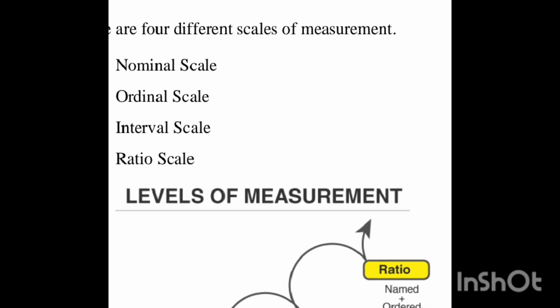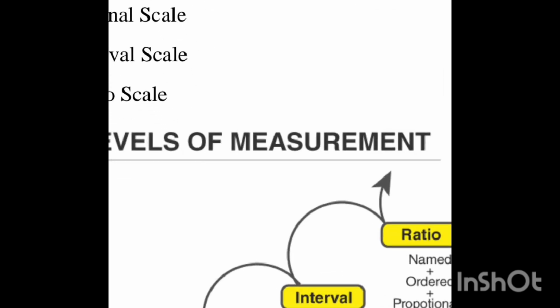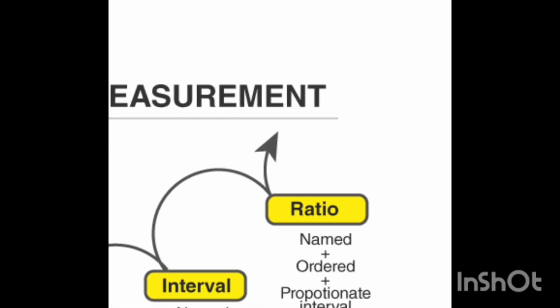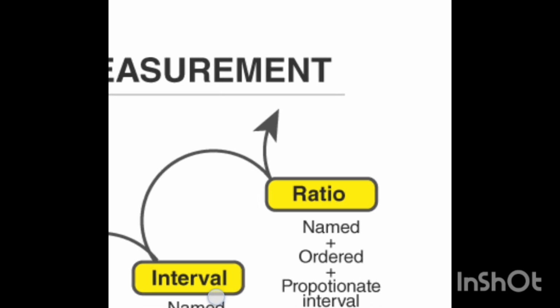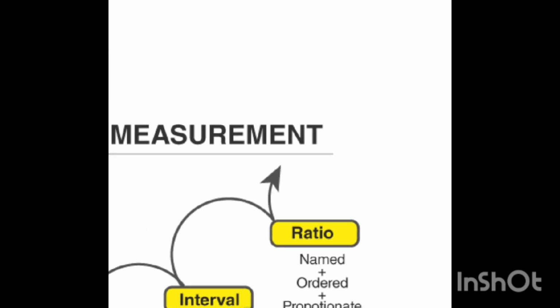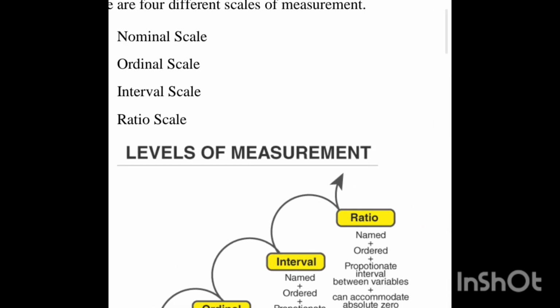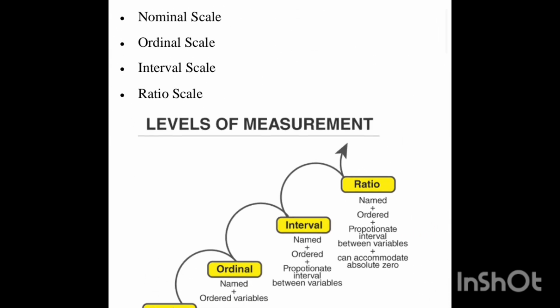Next, interval means named plus ordered plus proportionate interval between variables, and ratio means these are all named, ordered and proportionate interval between variables and can accommodate absolute zero also.